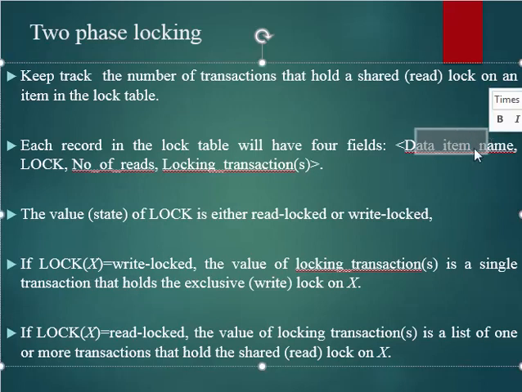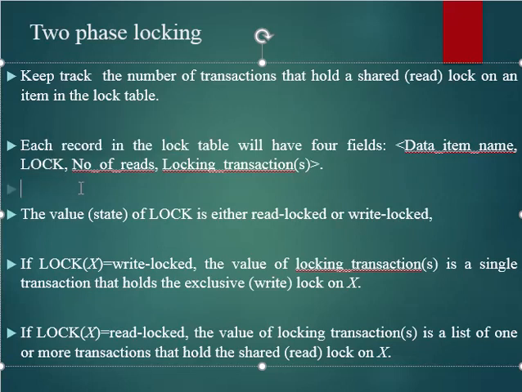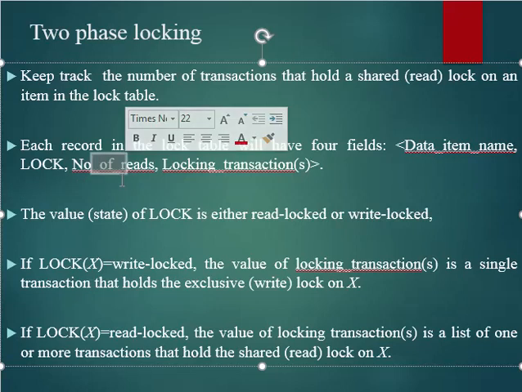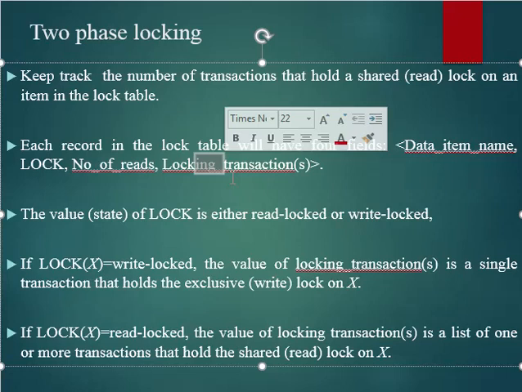First the data item name, X or Y, so any resource. Next the lock value, whether it is a write lock or read lock. Then the number of reads: suppose it is a read lock, it is the total number of transactions currently reading the data item, along with the details regarding those transactions.